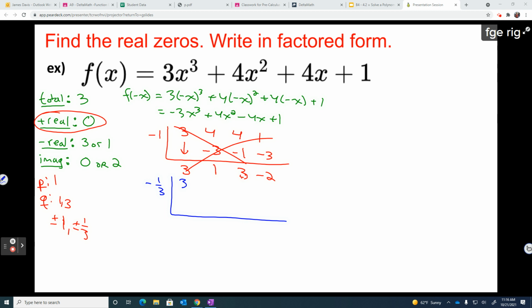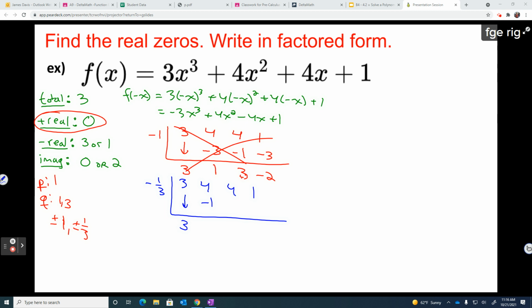Got our same numbers up here, 3, 4, 4, 1. I know fractions can be a little intimidating, but generally they work out to be pretty nice numbers. So we drop down our 3. What's 3 times negative a third? Yeah, negative 1.